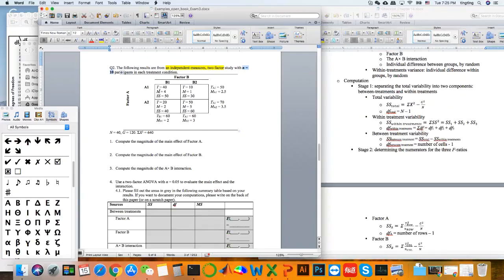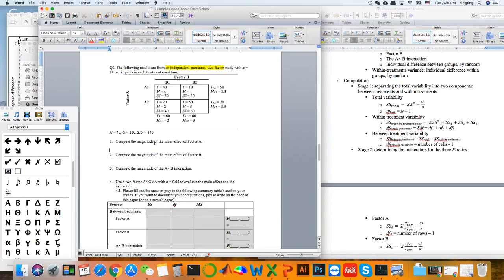M is the mean, SS is the sum of squares. For each row we also have the row total and row mean, and for each column we have the column total and column mean. So this is the total number of subjects, the grand total, and the sigma x squared.